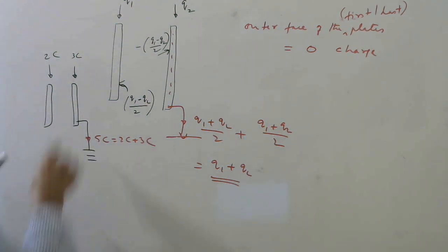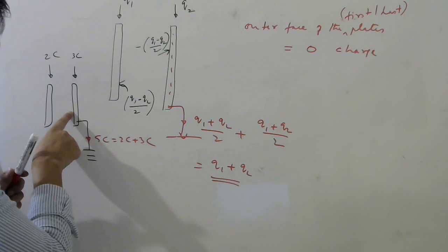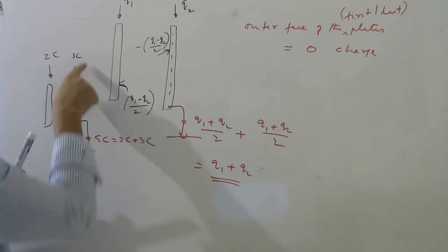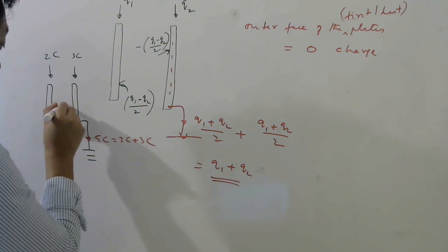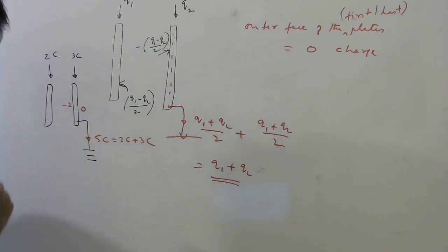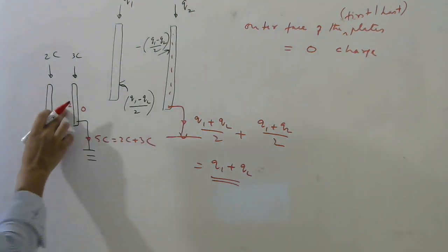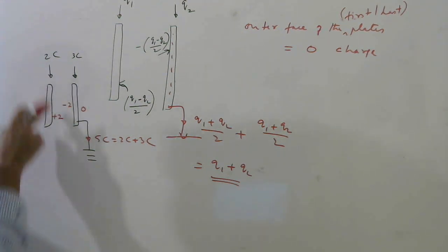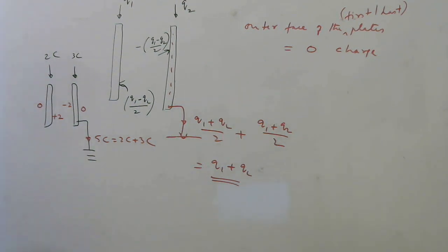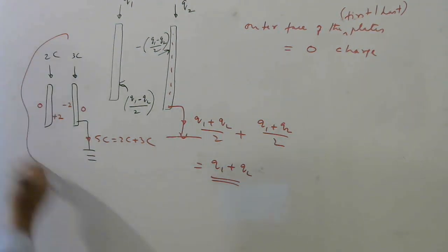Now if 5 coulomb goes to the ground, this will have minus 5 coulomb, but 3 coulomb was given. So minus 5 coulomb plus 3 coulomb will be minus 2 coulomb, which will come and sit here. Here it will be 0, remember. And this minus 2, so this inner face should be plus 2, and 2 was given, so this will be plus 2, and here will be 0. So beautifully it comes, right?